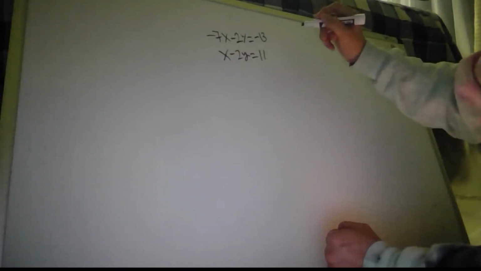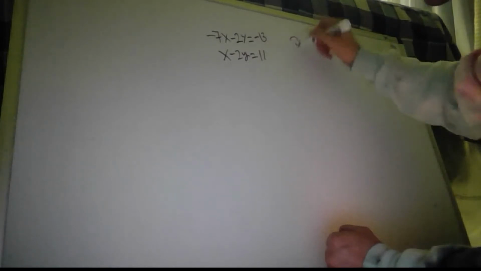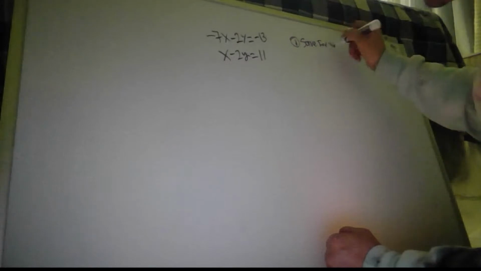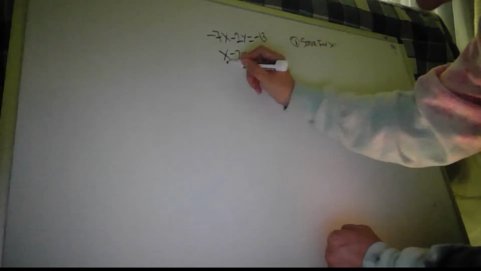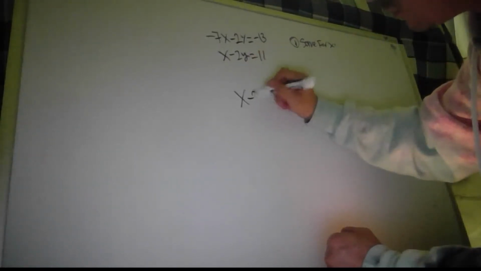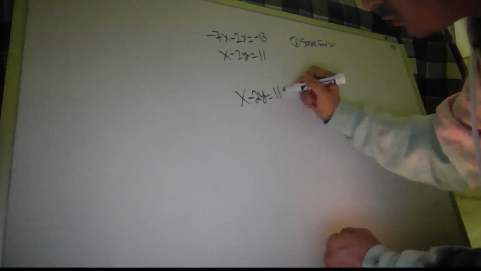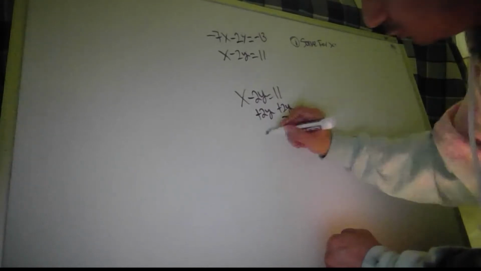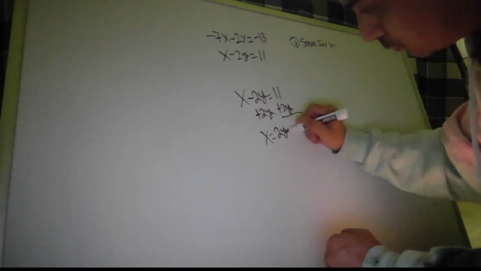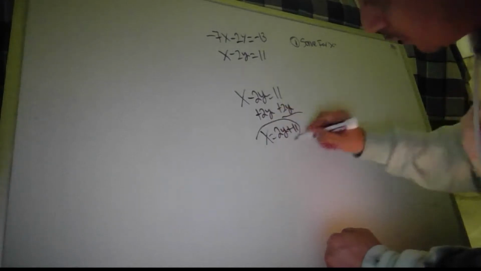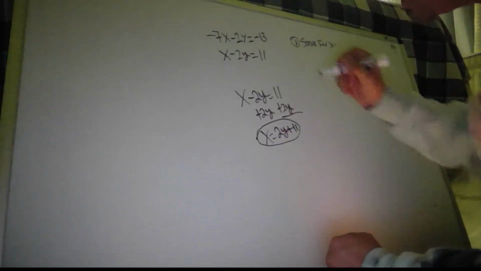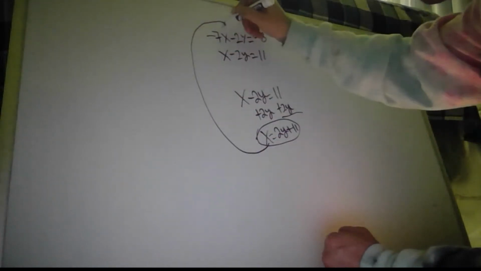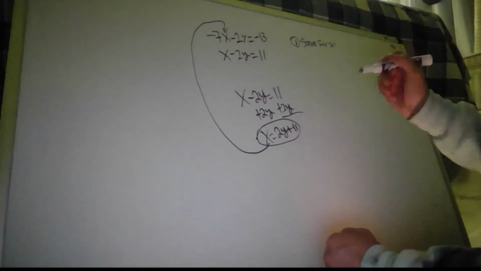We're going to solve for x, right? On the second equation, we have x equals 2y plus 11. We're going to plug that in there.